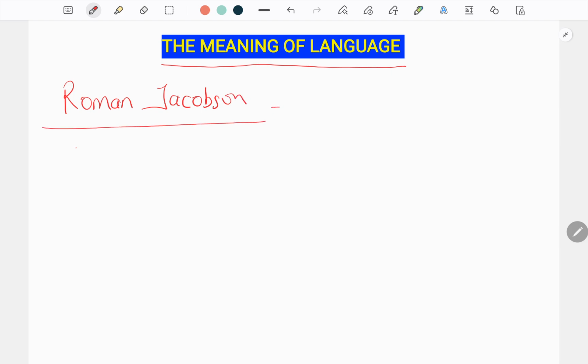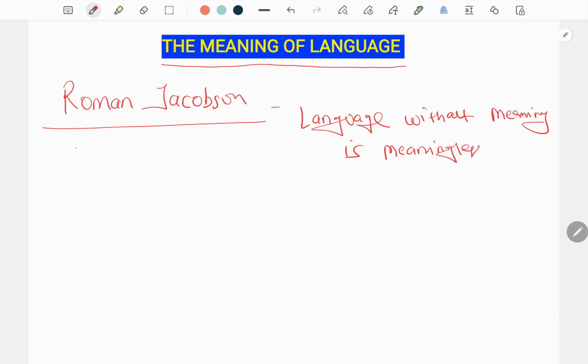Roman Jacobson gave the statement that language without meaning is meaningless.